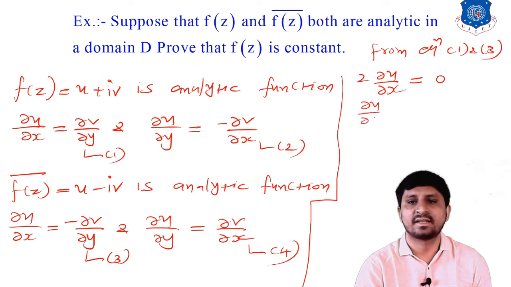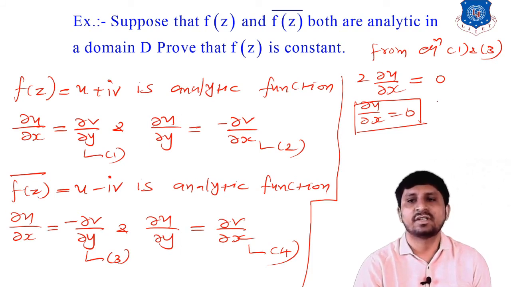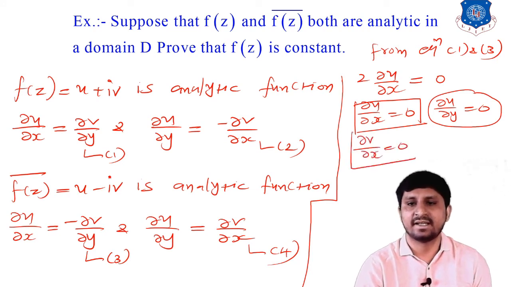So del u by del x is equal to 0. And from equation number 2 and 4 you can easily understand that 2 del u by del y is equal to 0. So we get del u by del y equal to 0. And del u by del y is the same as del v by del x, so del v by del x is also 0.